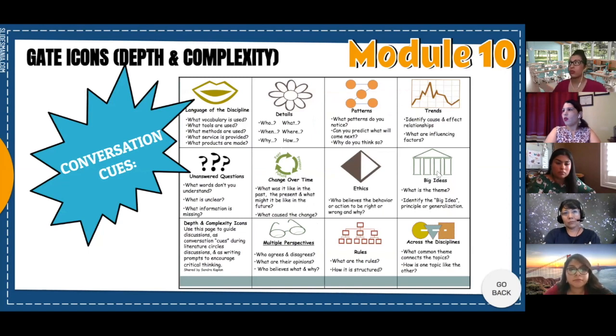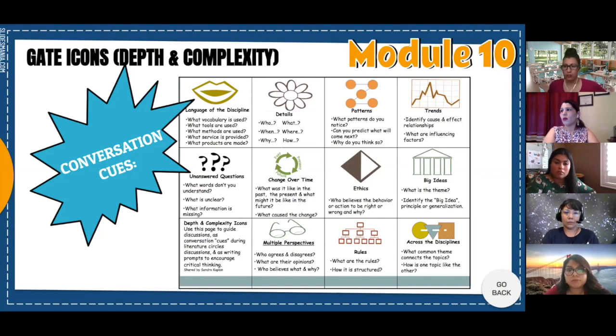Those four are probably the easiest ones to incorporate, in addition to multiple perspectives and rules. A lot of these you'll find, oh my gosh, this is perfect for me to use, because I'm talking about the rules and the steps for multiplying long or doing long division.